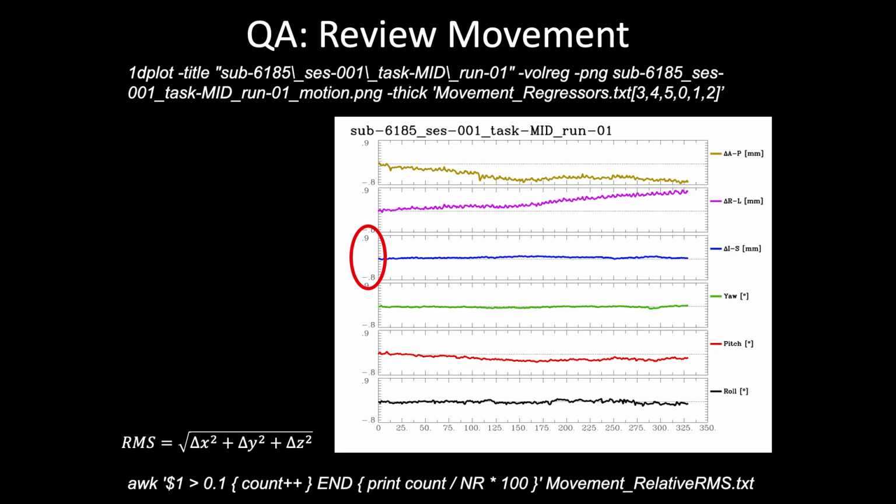So I think, again, it's going to matter what population you're working with and what you think is acceptable. Because with one of our studies, there's no way we can do 0.1. The participants are just going to move too much. And so we have to just kind of take that into account.